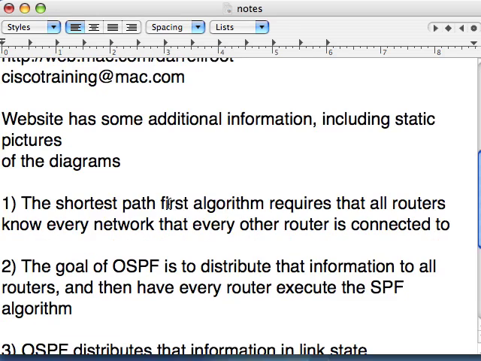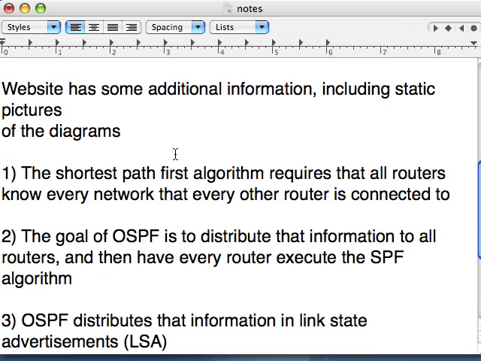The problem is that the shortest path first algorithm requires that all routers know every network that every other router is connected to. The goal of OSPF is to distribute that information to all routers. Each router will tell every other router what it's connected to, and then every router has what it needs to execute the shortest path first algorithm.